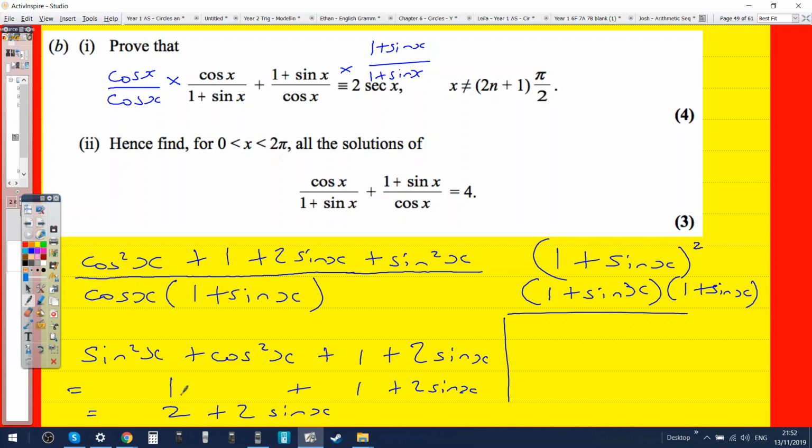You want to fully factorize everything. 1 plus sine x.